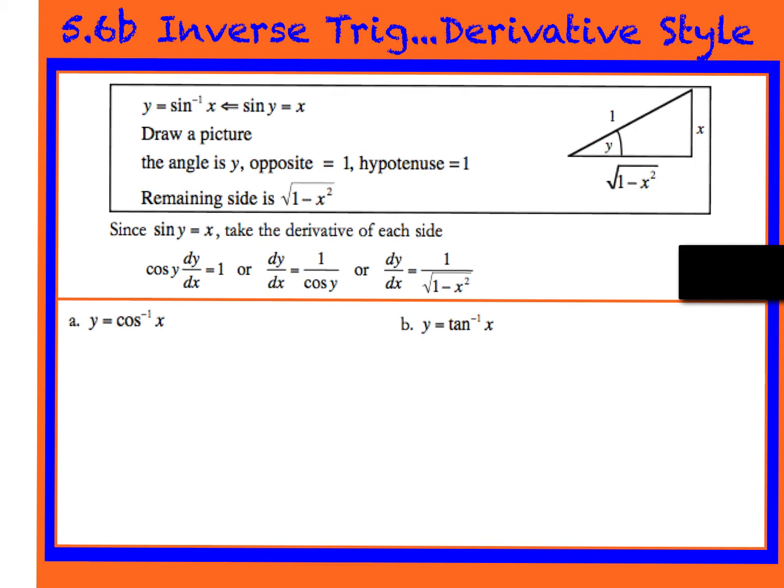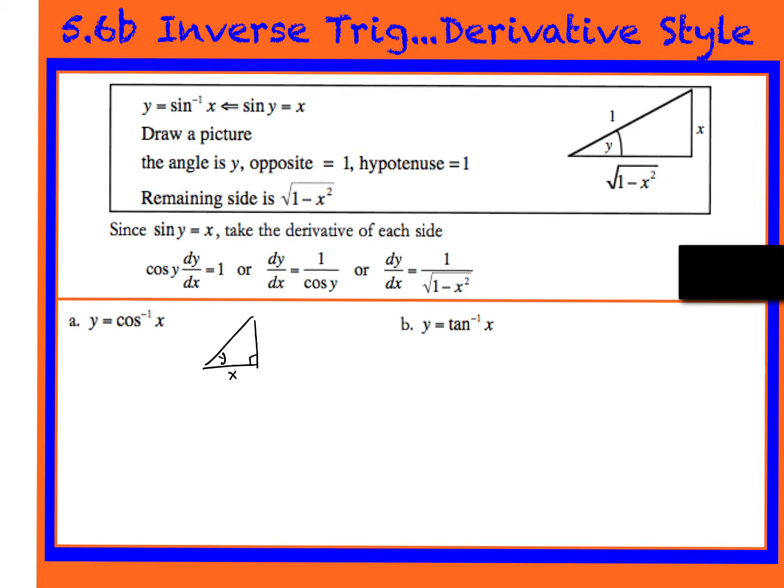So now we have arc cosine. Let's draw our little triangle. What is cosine? Adjacent over hypotenuse, right? And so what would be my adjacent? Say x. Good.